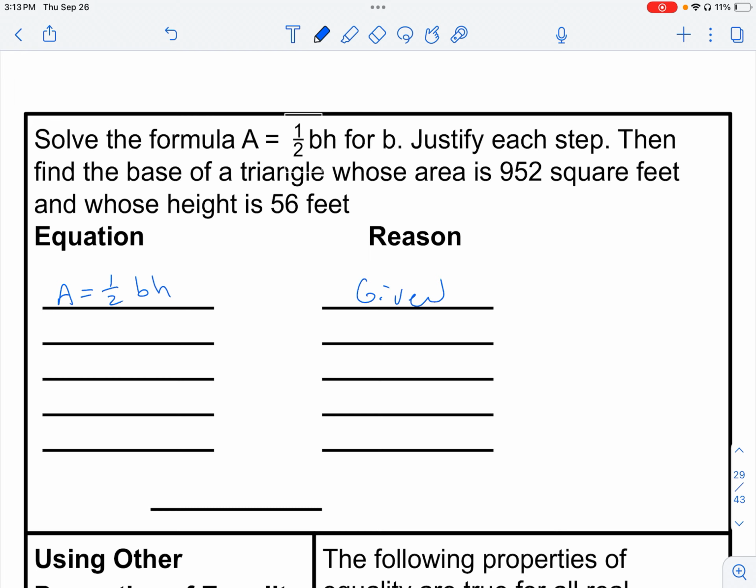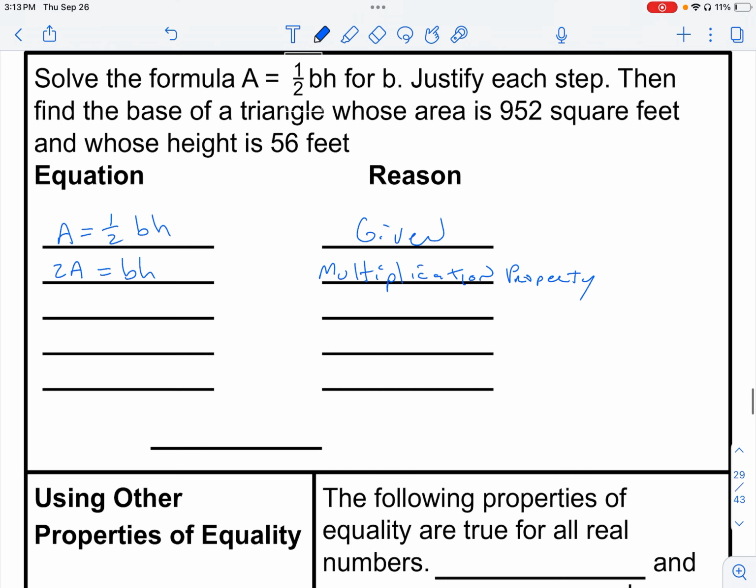Well, I don't know about you, but everybody I know hates fractions. So let's multiply through by 2, both sides by 2, and get rid of that fraction. So we got 2a equals base times height. That's our multiplication property.